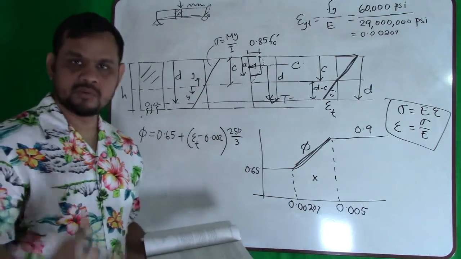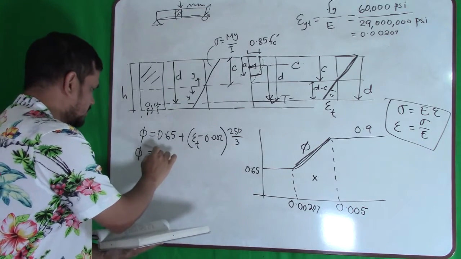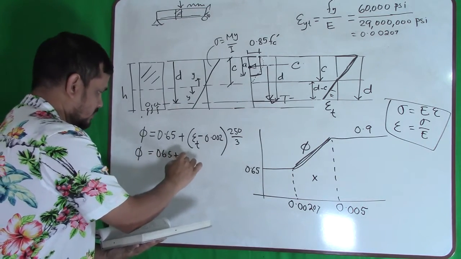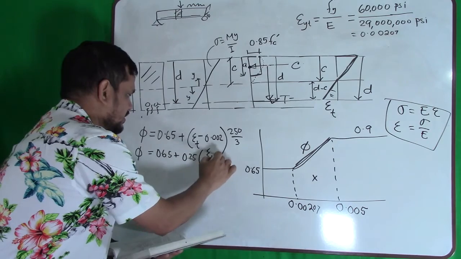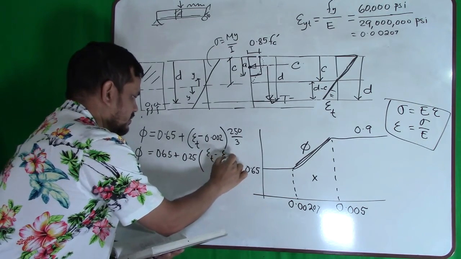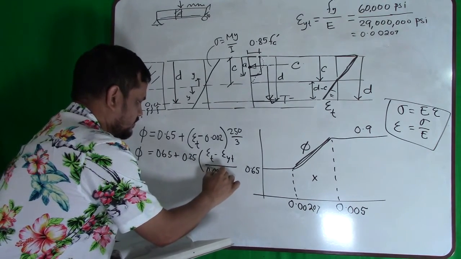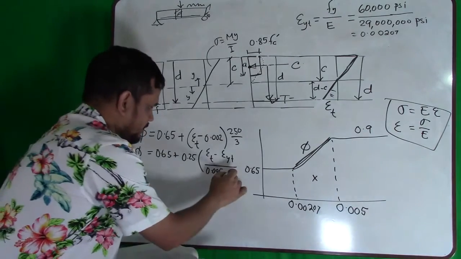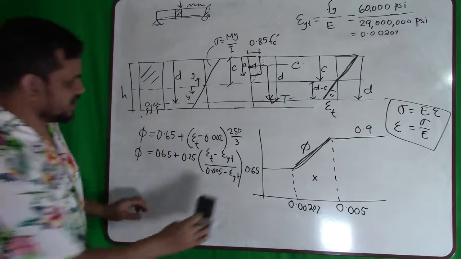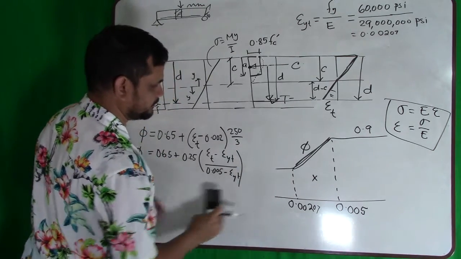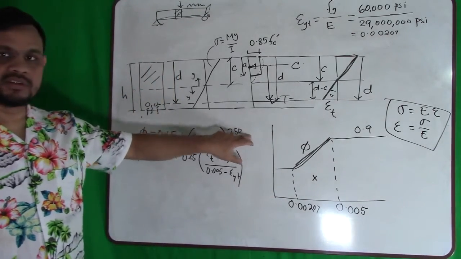If we use the new book, the 10th edition, you will see another equation: 0.65 plus 0.25 times (epsilon t minus epsilon yt) divided by (0.05 minus epsilon yt). So this is in your old book, this is in your new book.